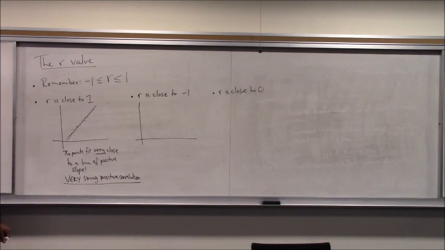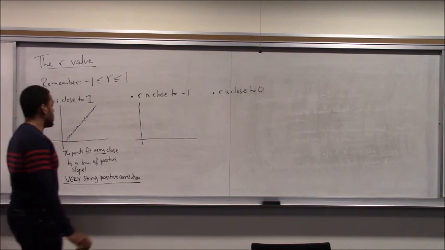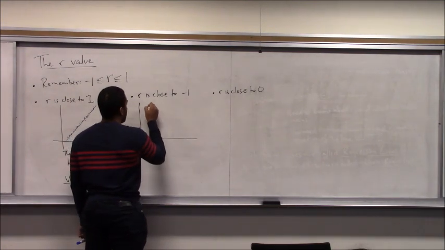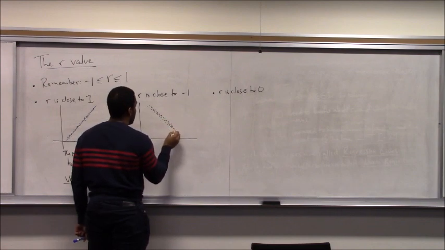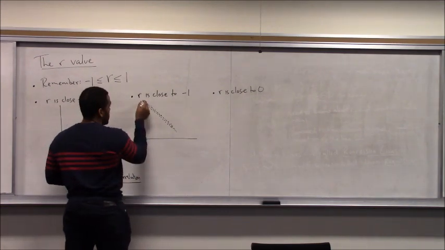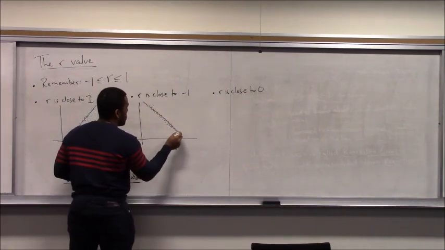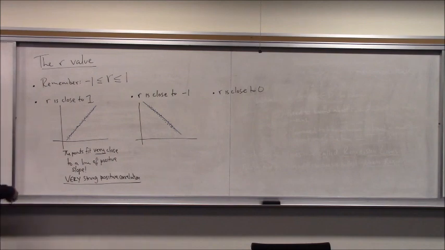R is close to -1 whenever you have a very strong negative correlation. This means the points are not spread out very much, they're very close together, but they happen to be close to a line with negative slope. So if you see a situation like this, it means it's very close to -1.